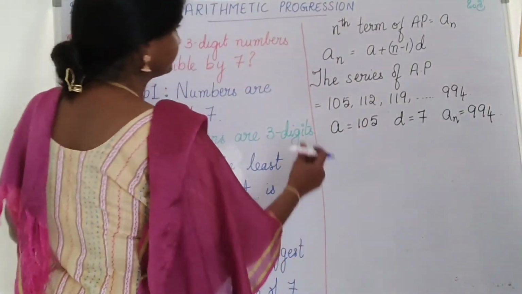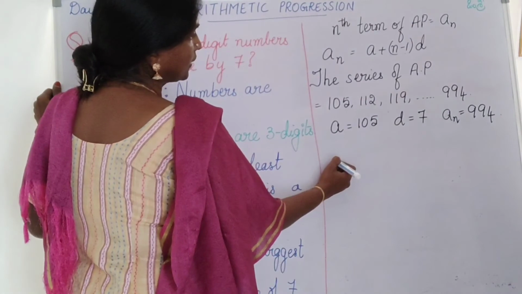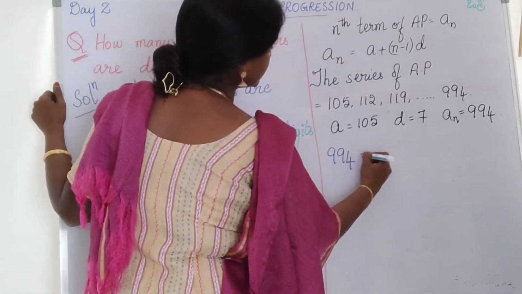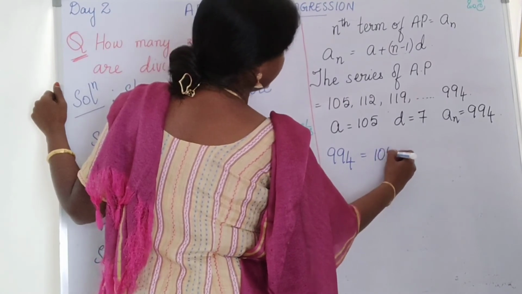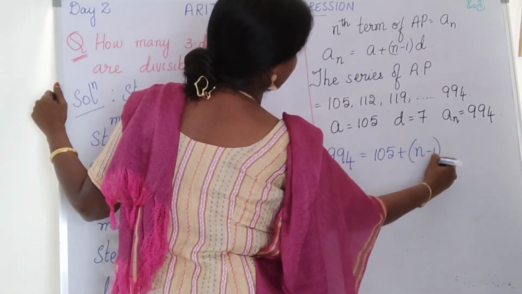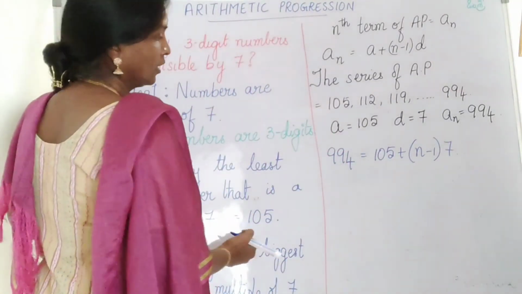So here I am substituting directly the value of an is equal to 994, which is equal to 105 plus n, which we have to find out, into d, where the value of d is 7.